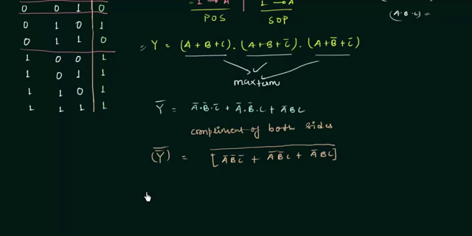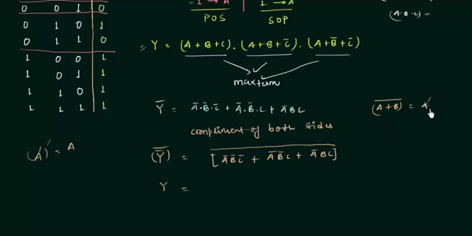We will use De Morgan's law. I hope you remember it. When you take the complement of something already complemented, like the complement of a complement, you will have A itself. In the same way, the left hand side will have Y. That's what we want, and we will use De Morgan's theorem now. If you have A or B and you want to take its complement, you will have A complement, the complement of the variable.